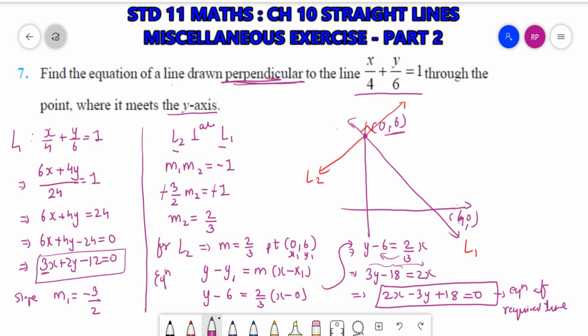So just note it down. Let's move to the next question.